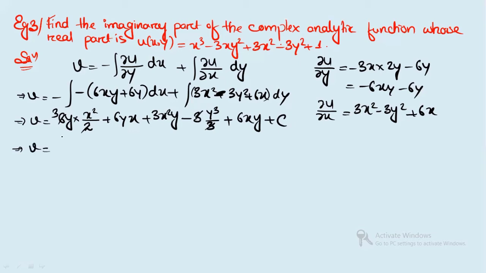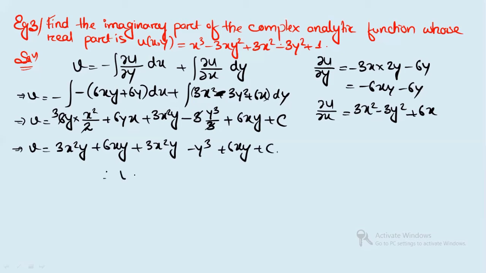So you can write v is equal to 3x square y, this is the first term, plus 6xy, the second term, plus 3x square y minus y cube plus 6xy plus c. So finally, when you write the imaginary part, one thing I would like to say: whenever a term is repeated, either in u or v, it is written only once.